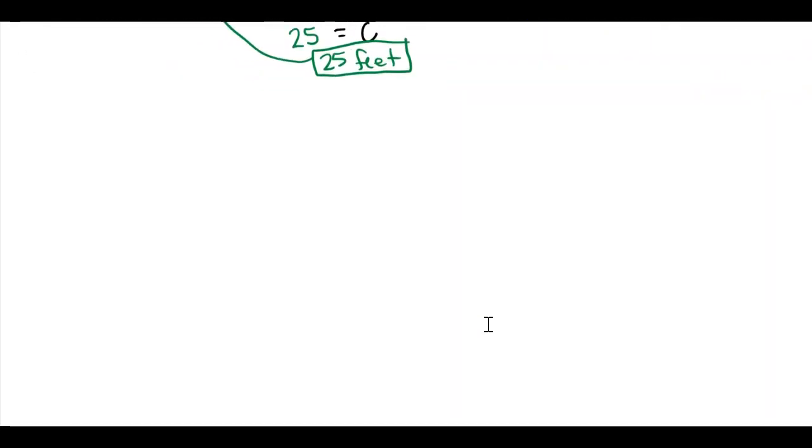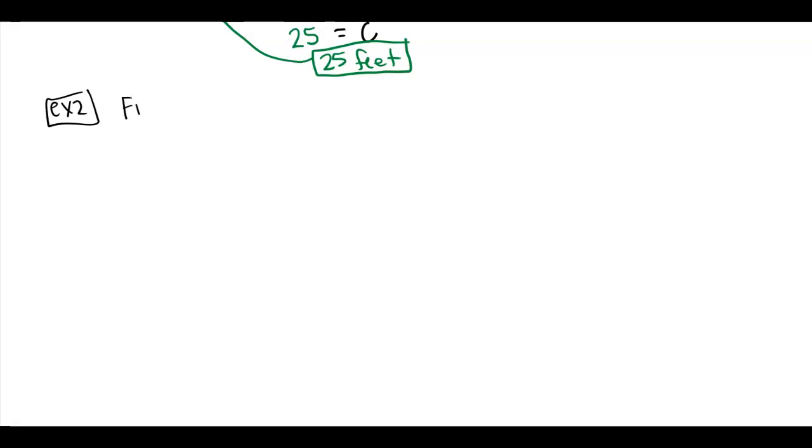So example 2. On this next one, sometimes it won't give you a picture. It might just give you the numbers, but I'll do a picture on this one again.